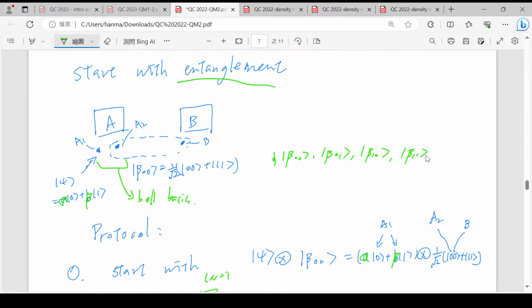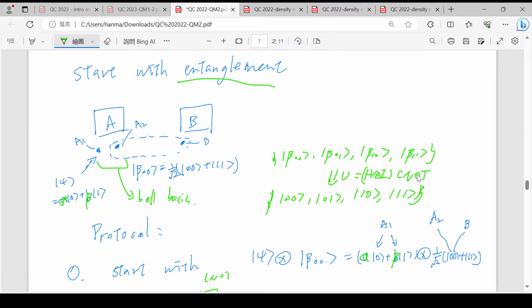If you want to turn the Bell basis into the computational basis, 00, 01, 10, 11, and then measure in the computational basis, you apply a unitary U, which equals two things: Hadamard tensor I and CNOT, which we are just going to state.